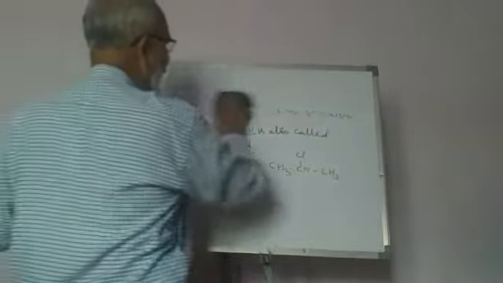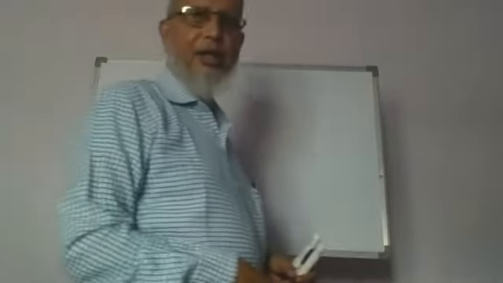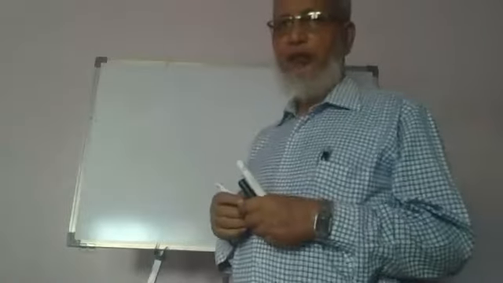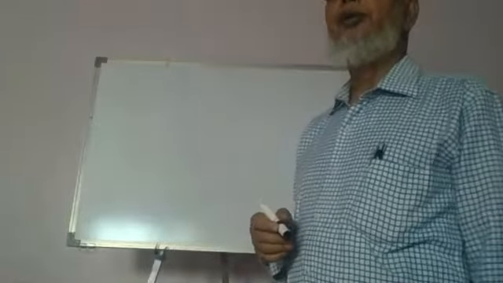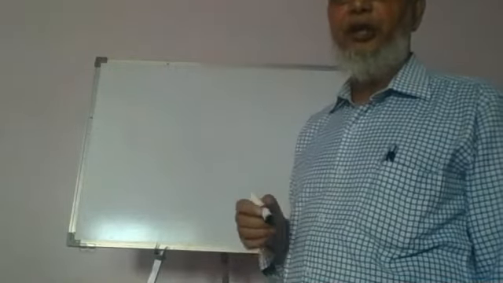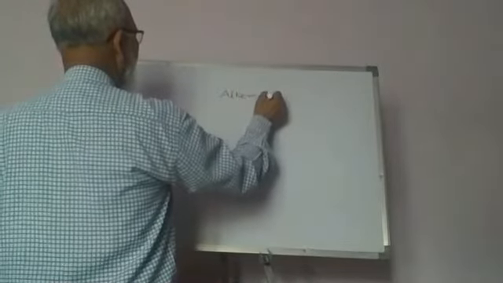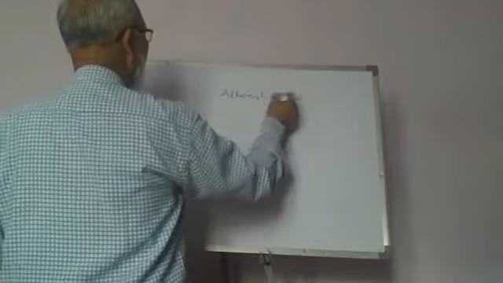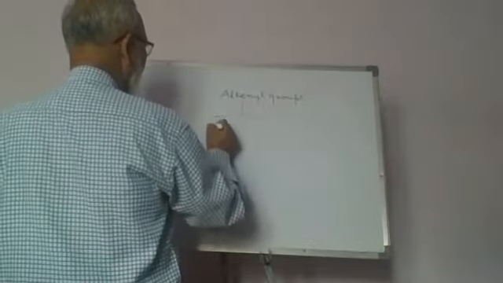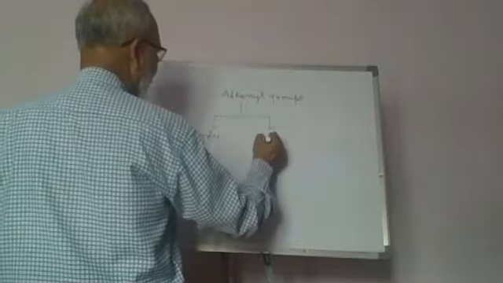Now let us come on alkenyl group. Alkenyl, as I have told you, it has been derived from alkene by removing one hydrogen atom. And in this alkenyl group, if the hydrogen atom is subtracted from the carbon atom, which is double bonded, then it will be called as vinylic. So alkenyl groups can be of two types: vinylic and allylic.